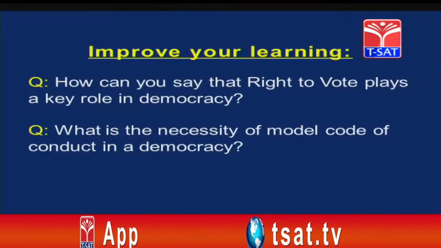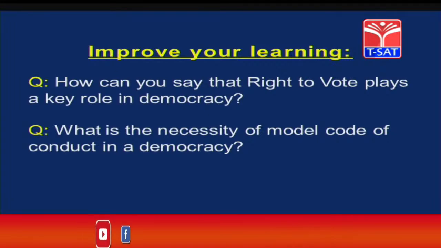So, in that way, the right to vote is very important. What is the necessity of the model code of conduct in democracy? Children, we learnt about the model code of conduct, that means different guidelines or rules and regulations prescribed by the Election Commission. So, what is the necessity of all these rules and regulations?